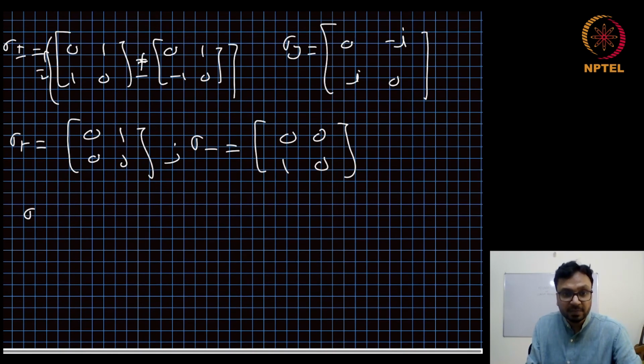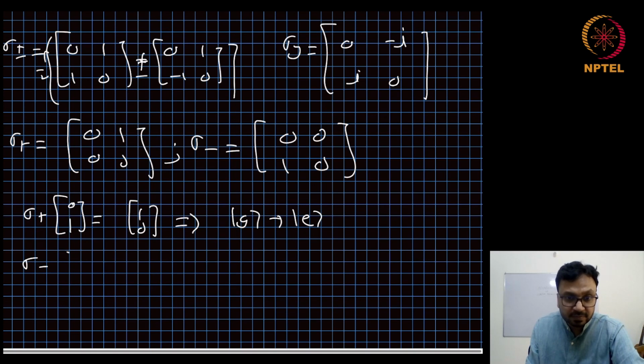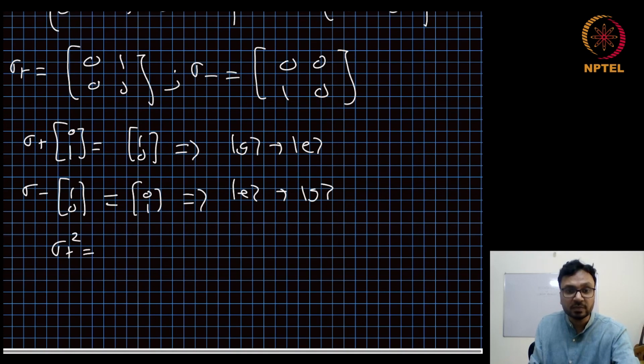When we apply sigma plus on the ground state, that is (0 1), we get (1 0). It means the ground state goes to the excited state when we apply sigma plus, and when we apply sigma minus on the excited state, we get the ground state. Sigma plus squared equals sigma minus squared equals 0.